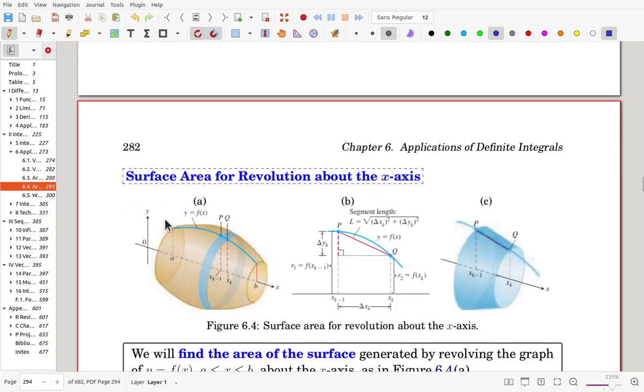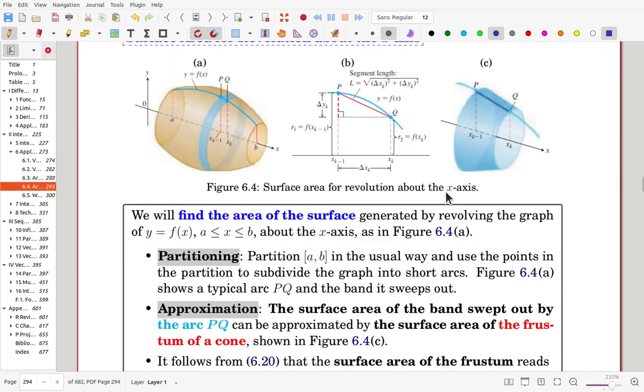Okay, now we'll go back to our main subject for the section, the surface area of revolution. Now we start with the rotation about the x-axis. We start with a curve y equals f(x) defined over a to b. Now we rotate it about the x-axis.